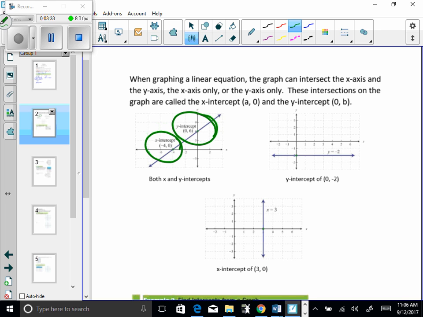Then we have an equation with just a y-intercept. And so it is a linear equation, but the equation is y equals -2. The x would just have a multiplier of 0, so we don't show that one. And so this is a horizontal line.